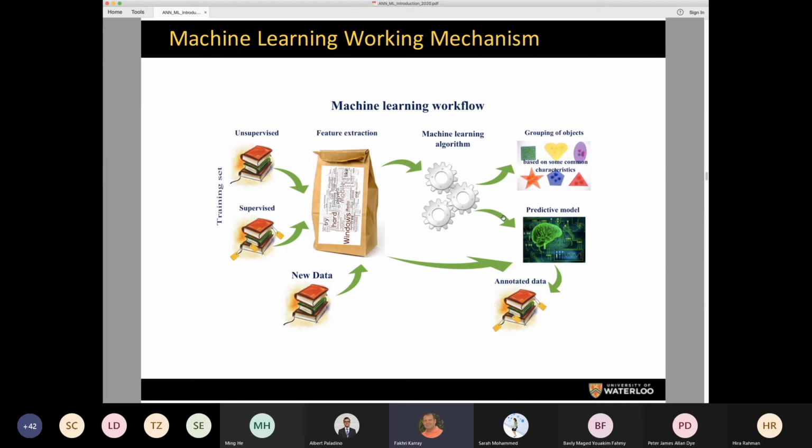We continue to the part which is what is known as the feature extraction, the gray bag there. So what is the feature extraction? Feature extraction is no other than the information that you are going to input to that particular engine. The easiest feature extraction system of an object is an image. That could be the training set. And the image is formed by a certain number of pixels.